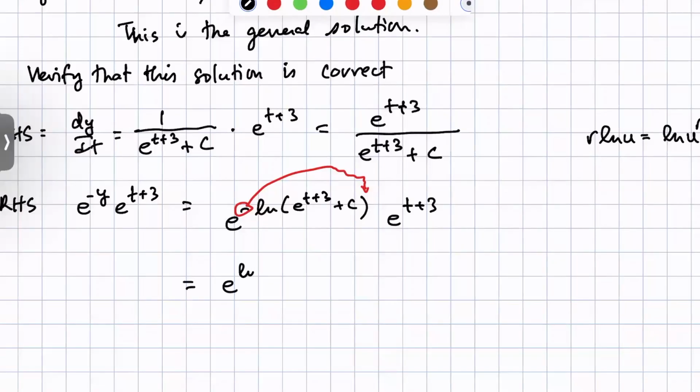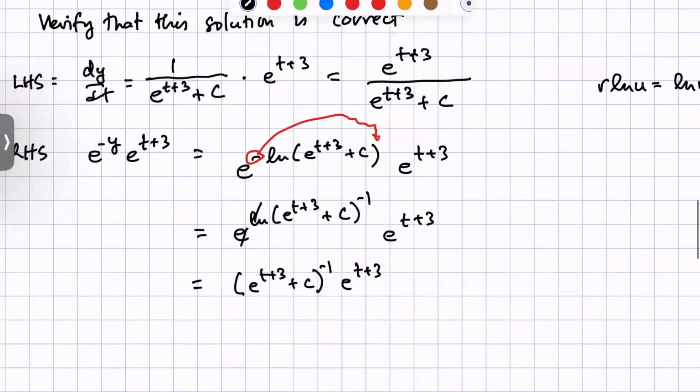So it's e to the log of (e^t + 3 + c)^(-1), times (e^t + 3). Now the e and the log can cancel, giving me (e^t + 3 + c)^(-1) times (e^t + 3). The -1 puts everything downstairs, so I get (e^t + 3) over (e^t + 3 + c).